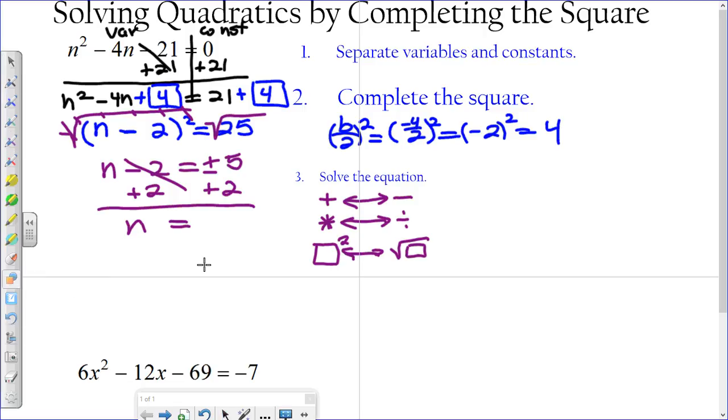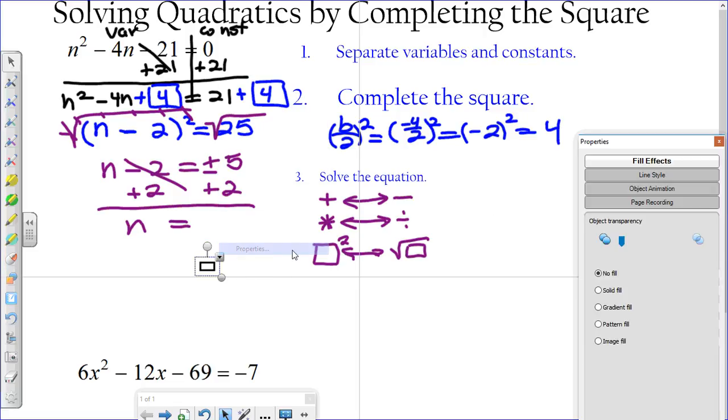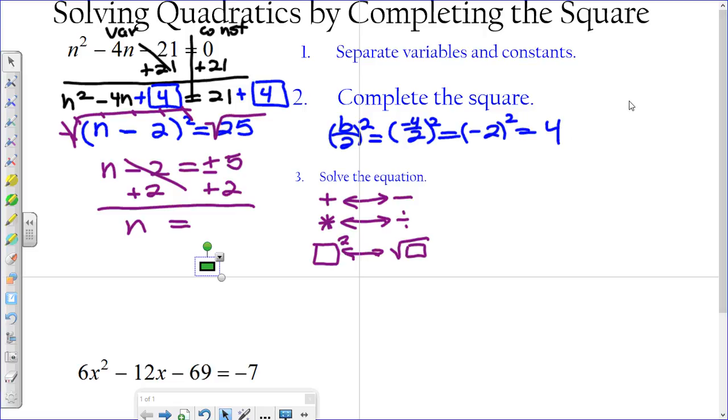So what I'm going to do is put in a box. This would allow me to hide one of the signs. So my focus is I'm going to pick one of the signs, and that's what I'm going to focus on. Let me give an example. It doesn't matter which one you cover first.